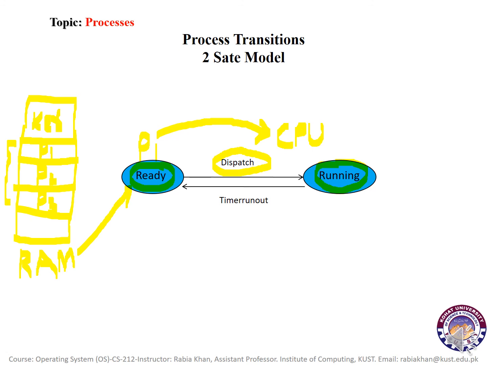So if a running process reaches its time limit, the operating system takes the CPU by force from that running process and sends the process back to the ready state. That means it is sent back to the RAM.